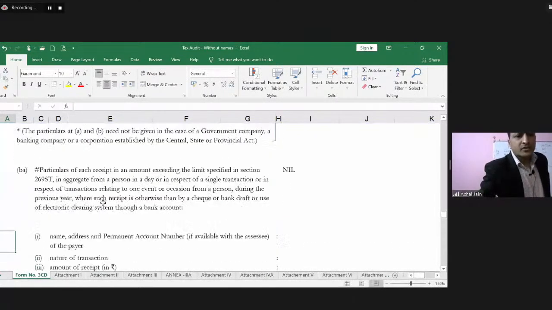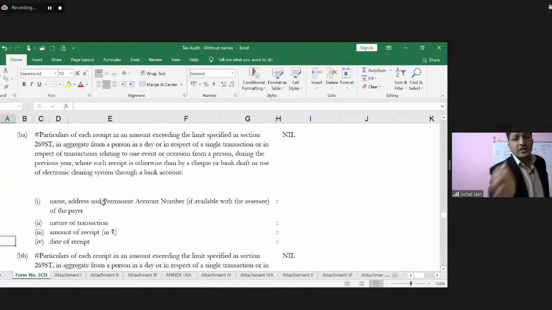Similarly, the audit procedures around this will also be the same. The starting point for this again will be the liabilities. Now let's see BA. What is there in BA? Particulars of each receipt in an amount exceeding the limit specified in 269ST.